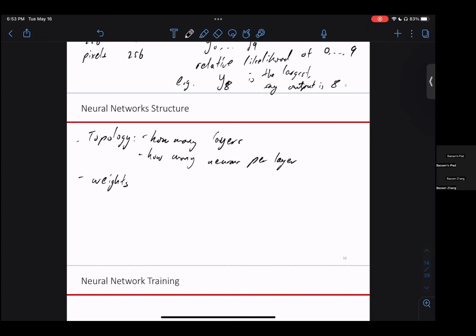But a lot of times when you're working with a neural network, your main job is basically to select this. This is called a hyperparameter, right? Weights are trained automatically by the computer, but hyperparameters are selected manually.